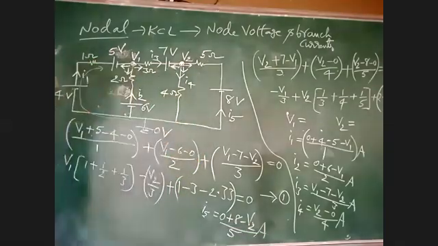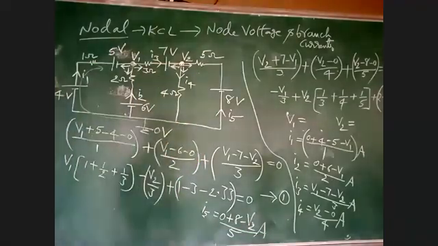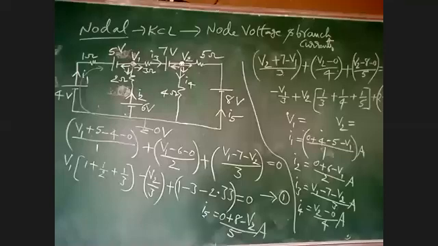This is your I5. 0 plus 8 minus V2 by 5. If you know V1 and V2 node voltage, we can determine all the branch currents I1, I2, I3, I4, I5. Go through the problem. If you are having doubt, you can ask.